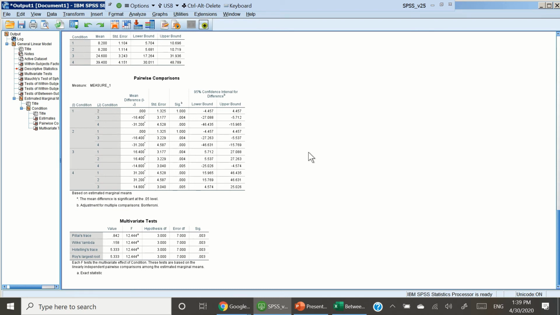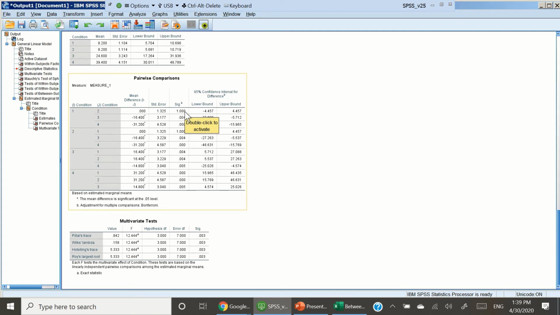This is exactly the same thing you saw in the previous ones, it's just a different test. And the one you really only need to look for is this number, the significance.